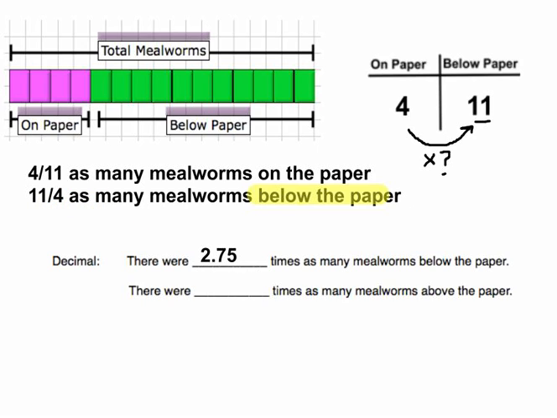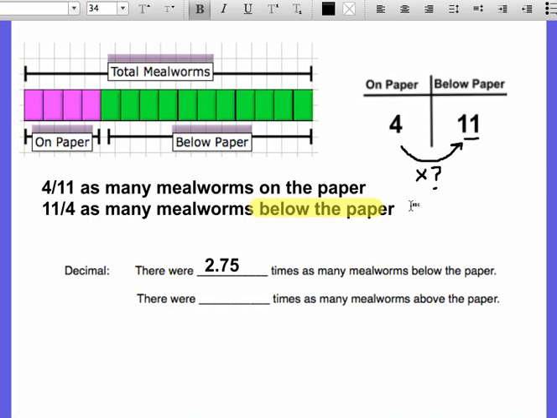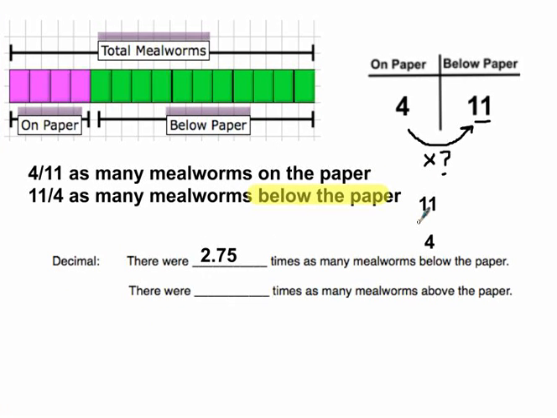Well, remember, a decimal is a fraction. It just has a denominator of 1. So if we were representing that same fraction, 11/4, as a decimal, we would just take that same fraction and get it to a denominator of 1.